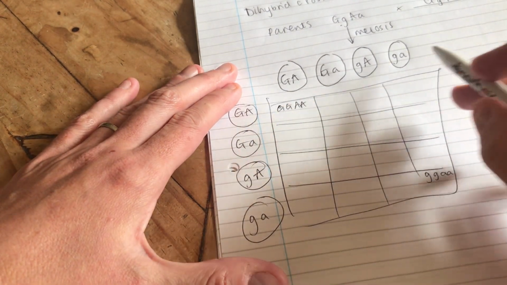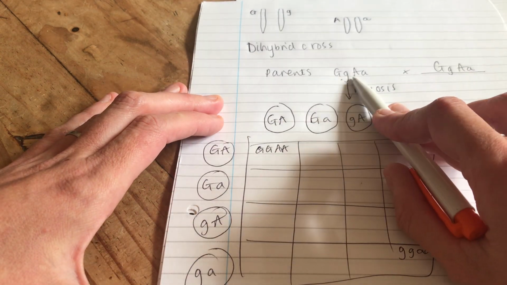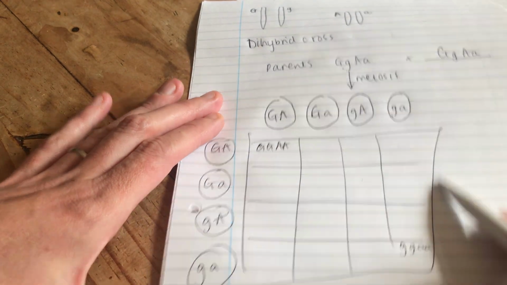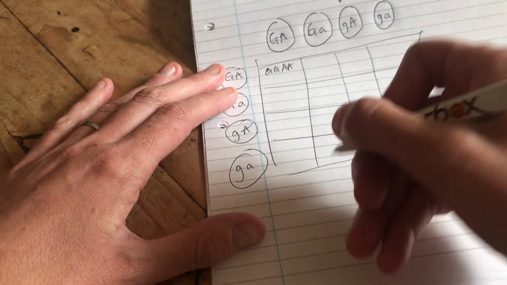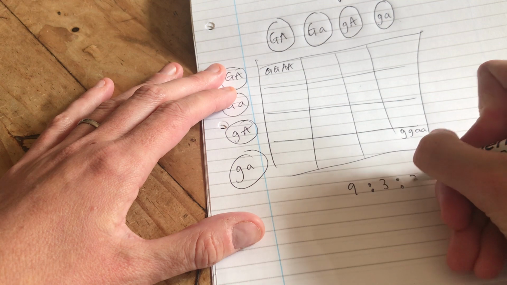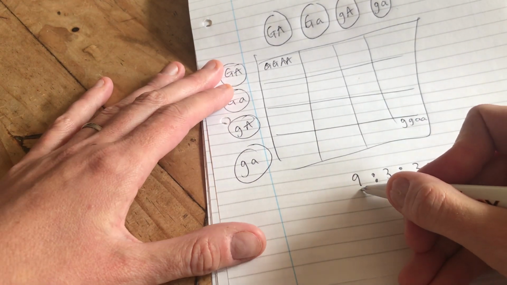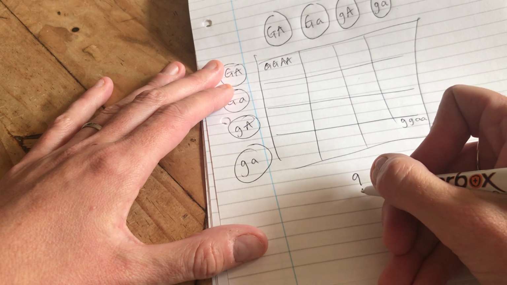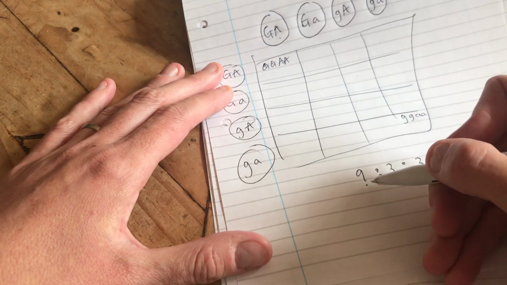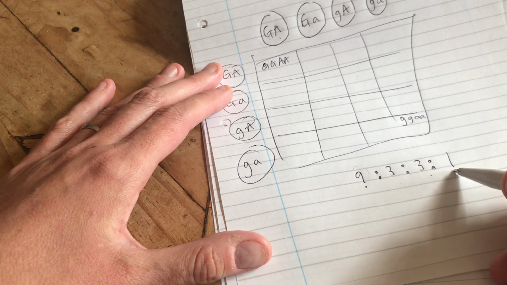I don't suppose you can remember, can you, from a couple of lessons back, when we crossed two heterozygotes like that, what the expected ratio is. It was 9:3:3:1. That was quite a common ratio when you cross two heterozygotes together. I don't know what these genes are coding for, but it would be all dominants, a bit of dominant, a bit of recessive, and then the whole recessive ones.